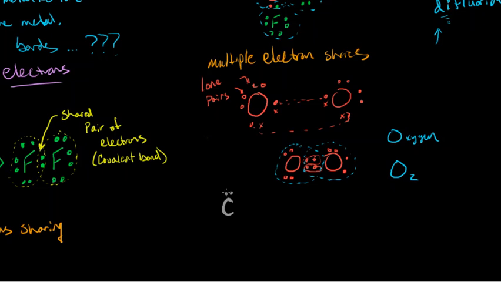Right, it's got 4 valence electrons. I'll tell you right now, it's not going to be able to share all 4 electrons. That is too high of an energy state for it to have. The electrons don't like each other, right?